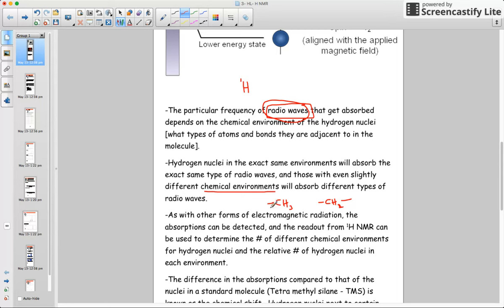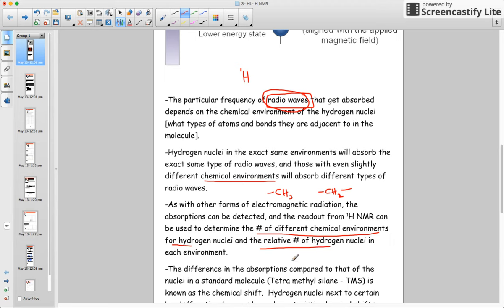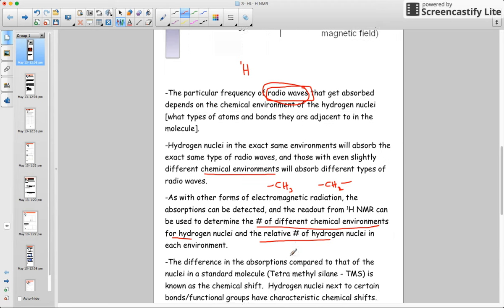And so what this device is going to let us do is pick out the number of different chemical environments of hydrogen in a molecule, and see the relative number of hydrogen in each of those environments. This will be a lot easier to understand once we look at some examples on the following pages.